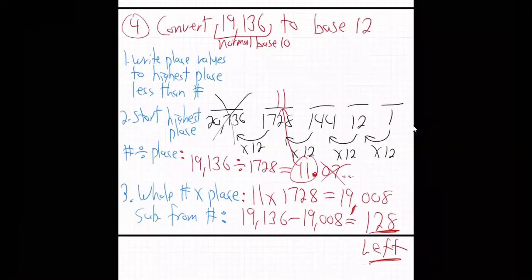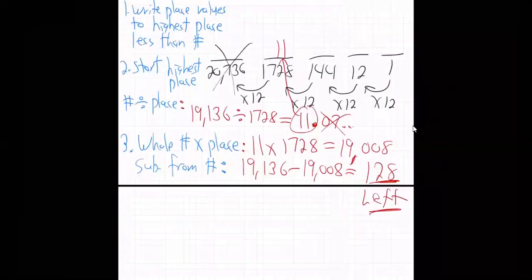Is that all good so far? Is this making sense? So far, we're trying to represent the whole 19,136. We're starting with 11 1,728s. That leaves us 128 left to go to represent the entire number. It's like we're making change or something. So step 4.